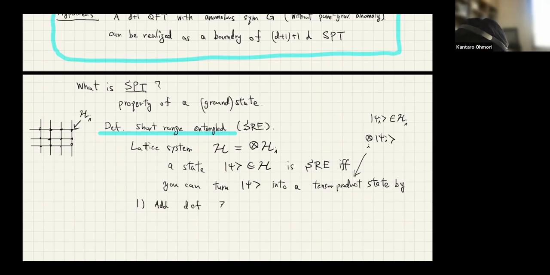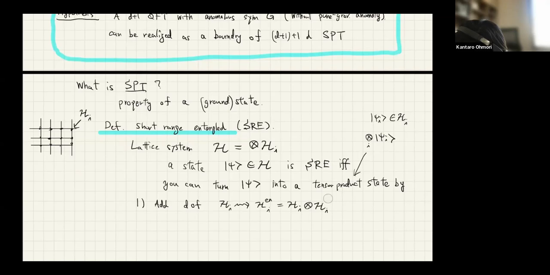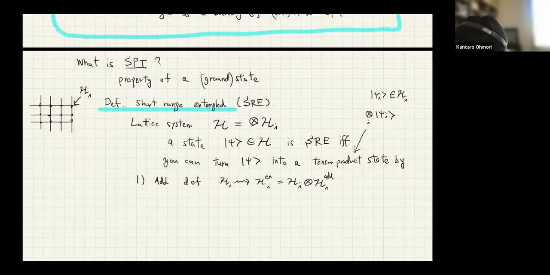So you enlarge H_i to H_i enlarged, putting in additional degrees of freedom if you need, then do some local unitary.